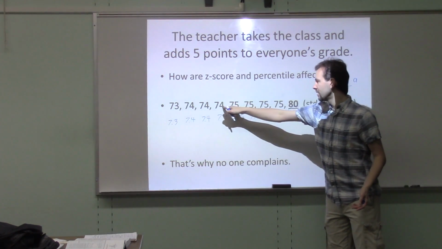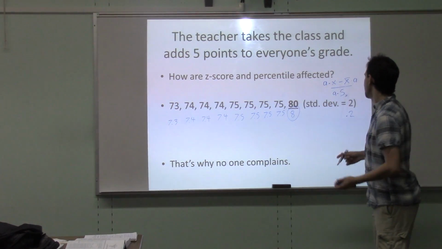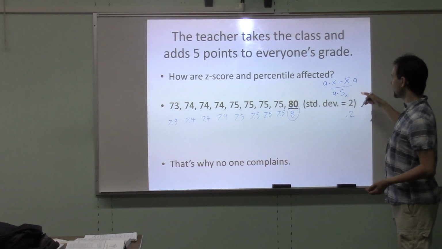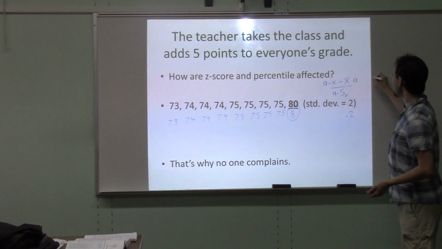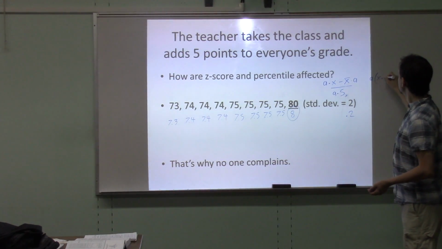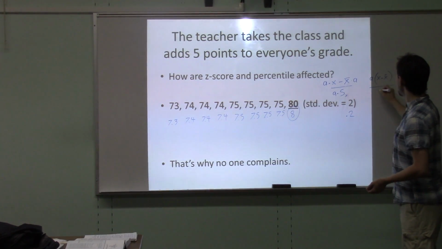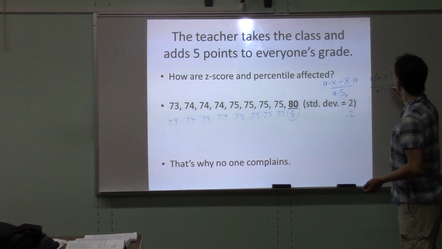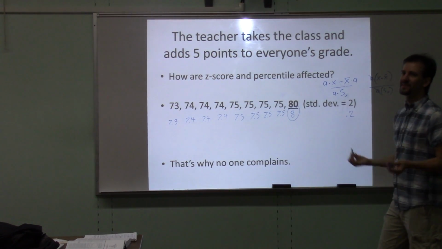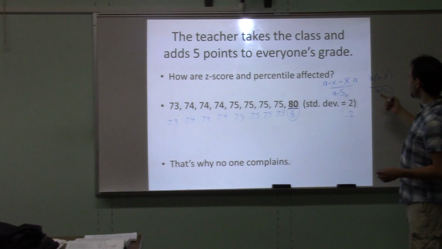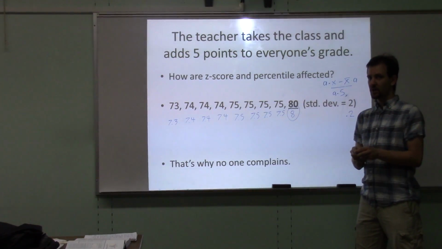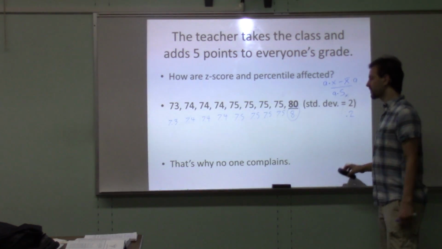A gap of 1 will widen into a gap of 10. And so then, no surprises, you can factor a out and cancel out the a's. Oh look, the formula for z-score isn't affected when you multiply everything by something.